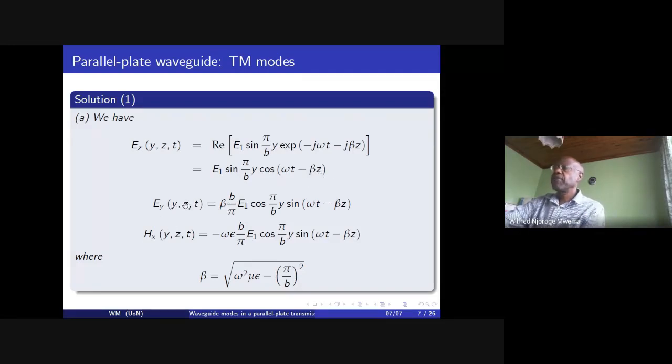Ey is therefore given by beta b by pi E1 cos pi y by b multiplied by sine of omega t minus beta z, and Hx is given by minus omega epsilon b by pi E1 cos pi y by b sine of omega t minus beta z, where beta is of course given by the square root of k squared minus kc squared.